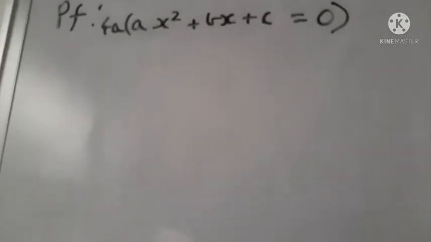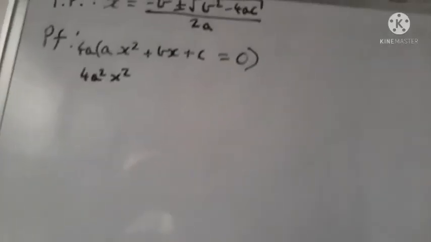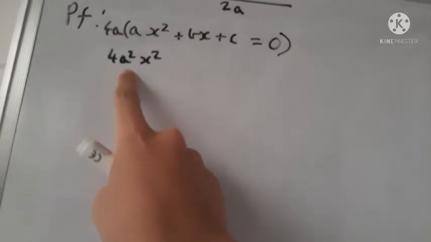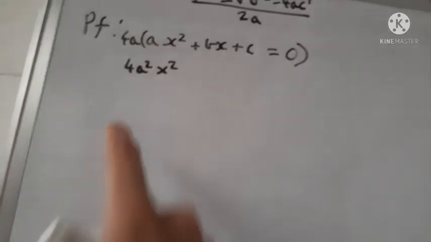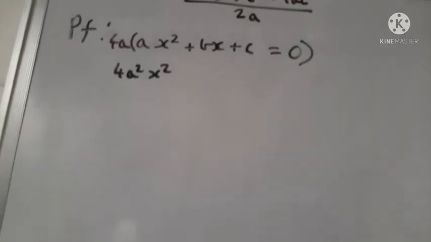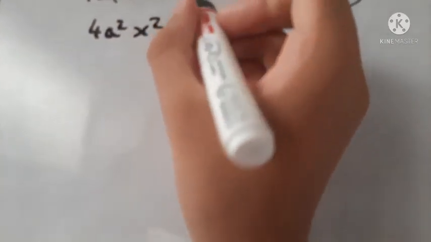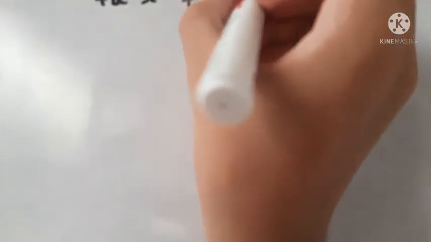Multiplying these out, we get 4a squared x squared, and we're doing this to make this term a perfect square. 4 is the smallest perfect square after 1, and we need an a, so we get 4a squared x squared plus 4abx plus 4ac is equal to 0.